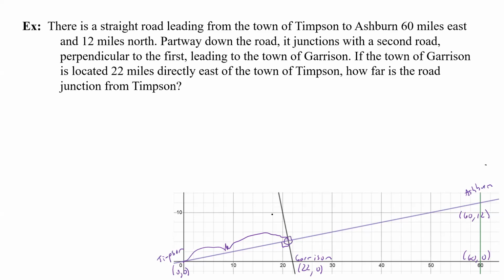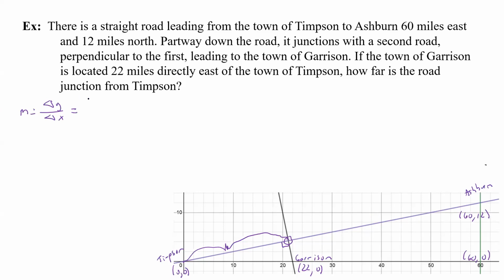All right, so first, let's figure out the slope, because we just drew a line based on the fact that it went over 60 and up 12. So now what we need to do is figure out the equation of this line. Again, our slope is equal to delta y over delta x.